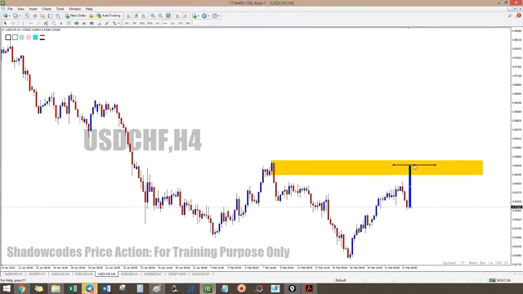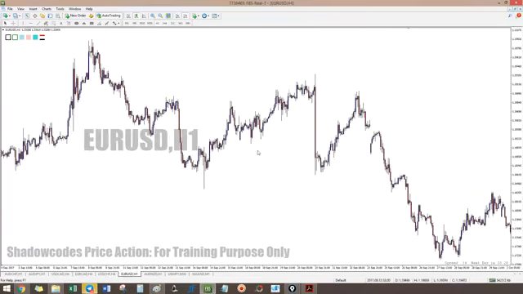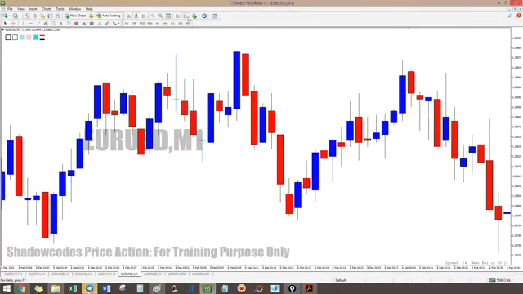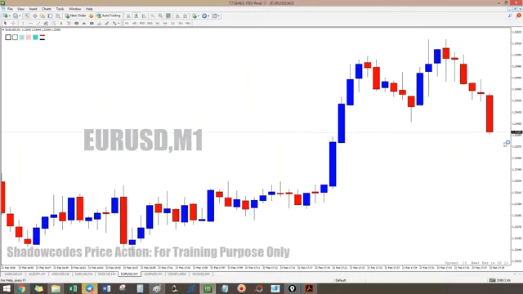You know that shadow like this. USD M1. You know, the shadow is the history of price movement. Look, price rejection will create a shadow.